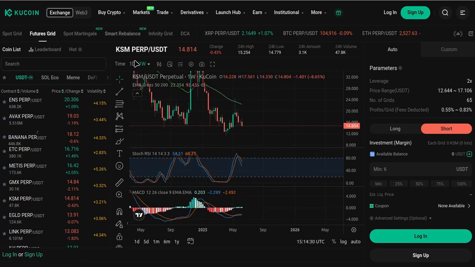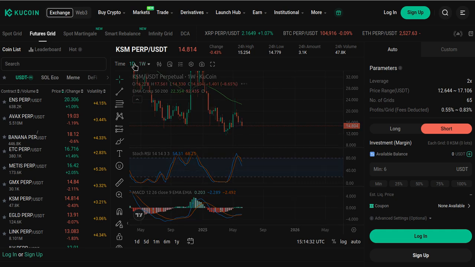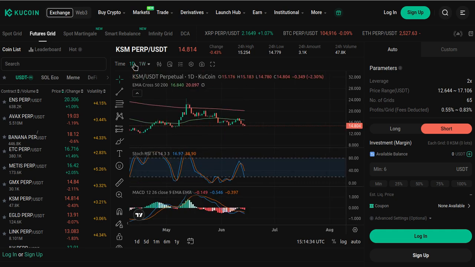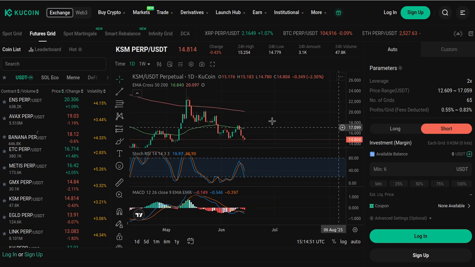I think this is Kusama. So this is also another perfect one. Everything is confirmed. I think I had created the strategy and how it looks.